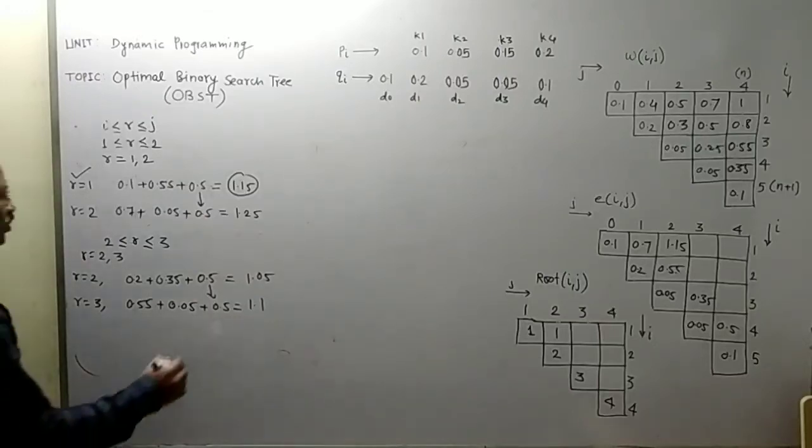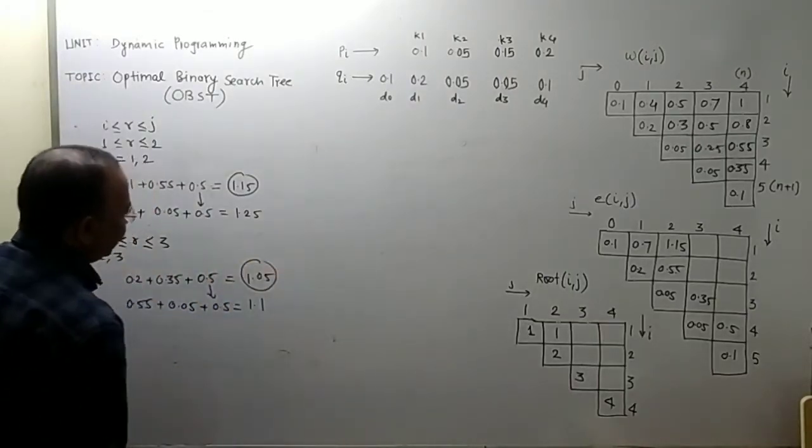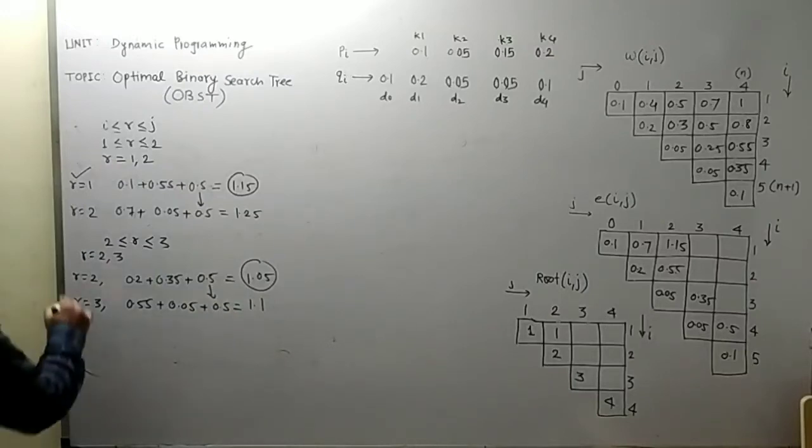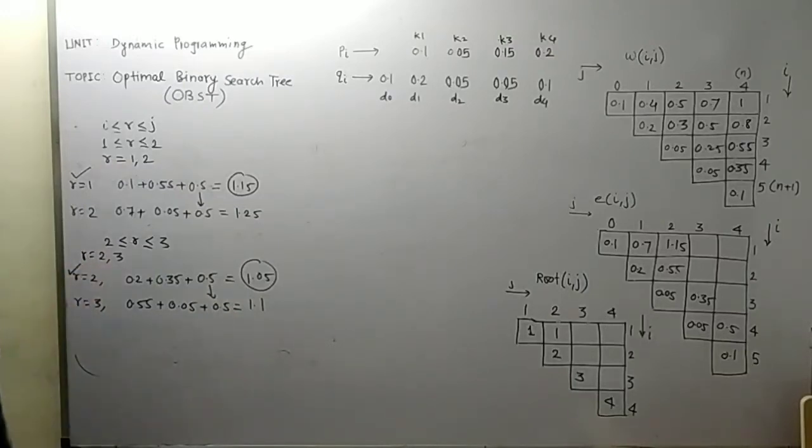So out of these, 1.05 is the minimum for r is equal to 2.